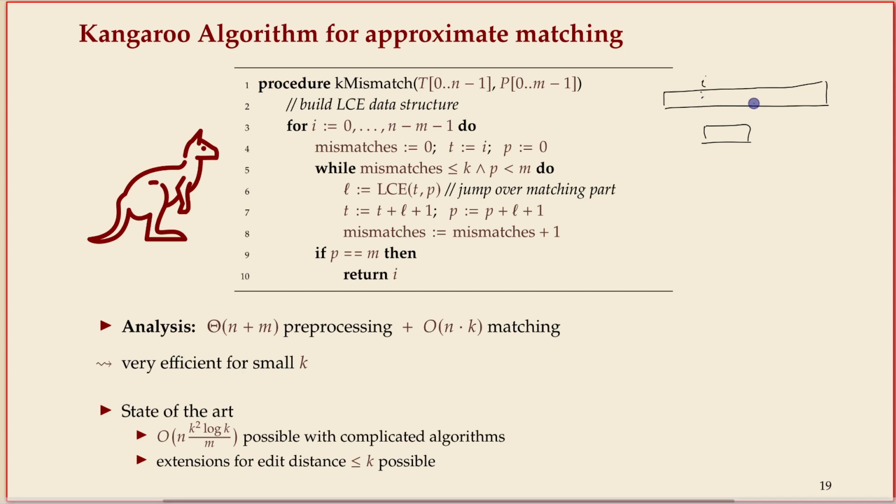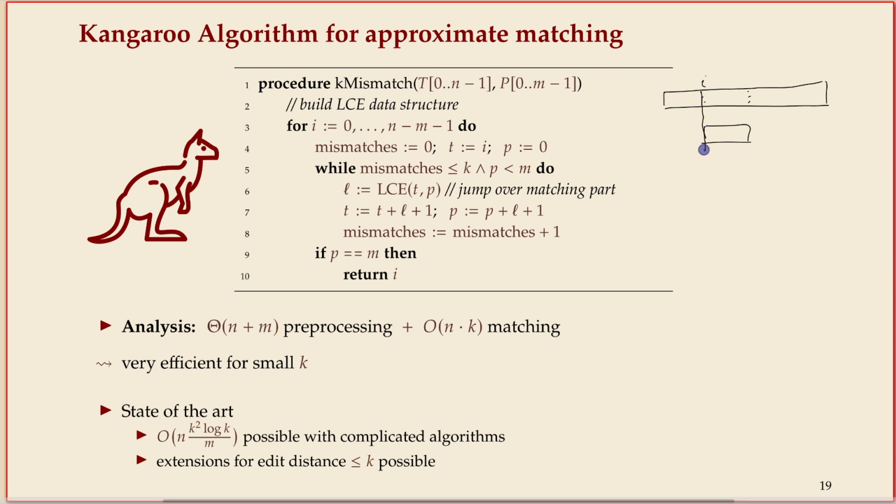So then we have a portion of the text, but now we're trying to speed up the matching to see whether or not there's at most k mismatches. So we count the number of mismatches. We have a position in the text and in the pattern. And as long as we haven't exceeded our budget of mismatches, we compute how many characters from this position in the text and the pattern match in one go.